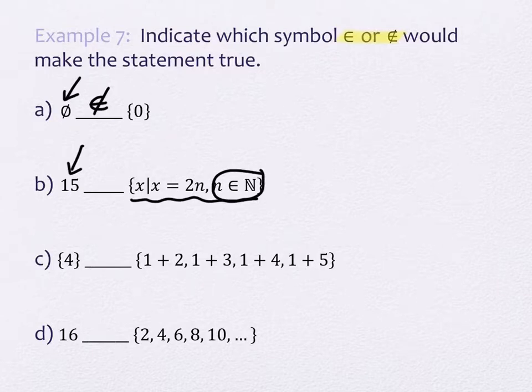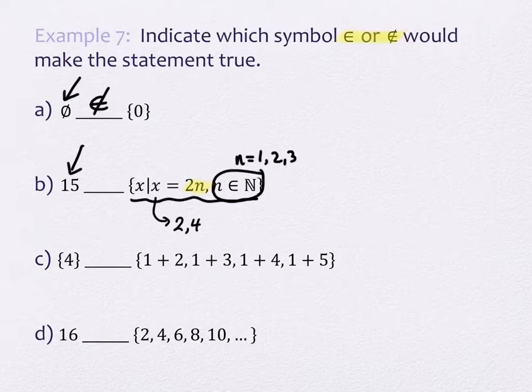So let's start here. N is a natural number means what values does n have? It's all the numbers 1, 2, 3, and so forth. So if I take those numbers and plug them in one at a time into the equation 2n, what kind of answers do I get out of it? Somebody said 2. If I plug in n equal to 1, I get 2.